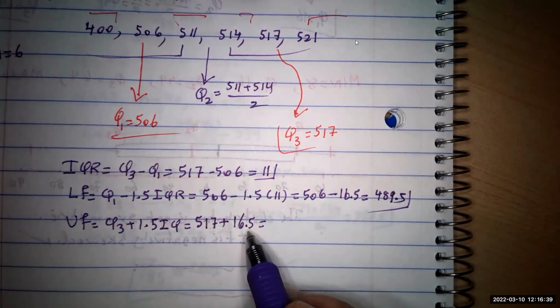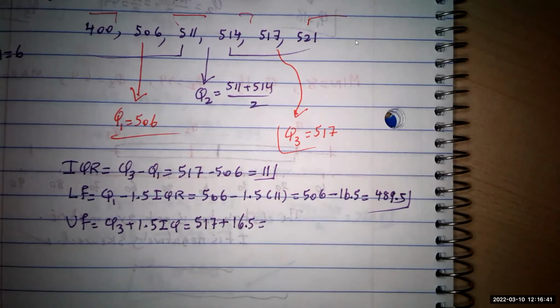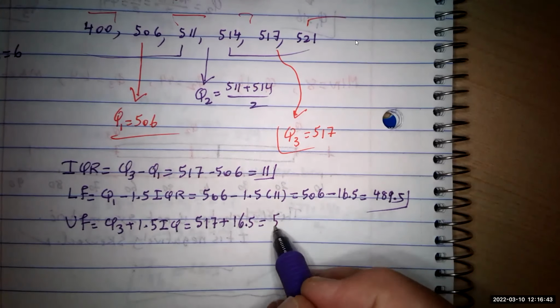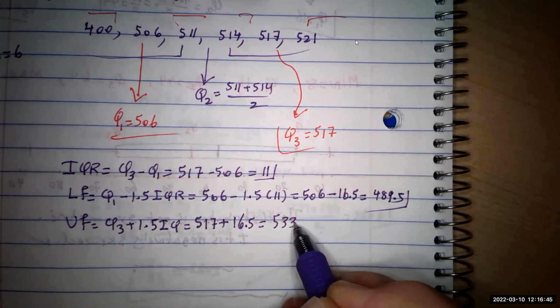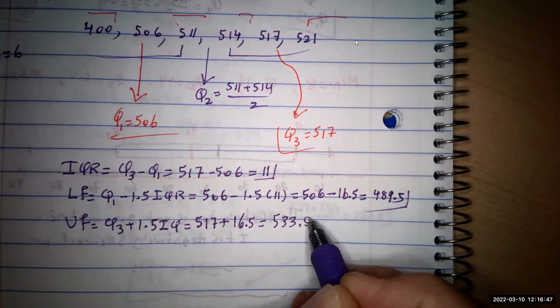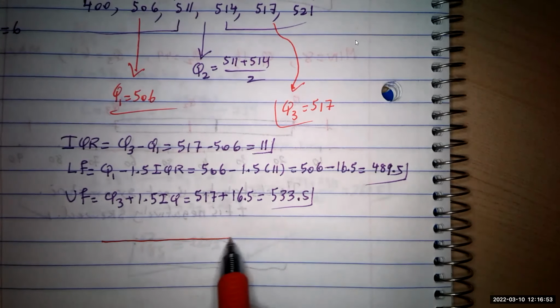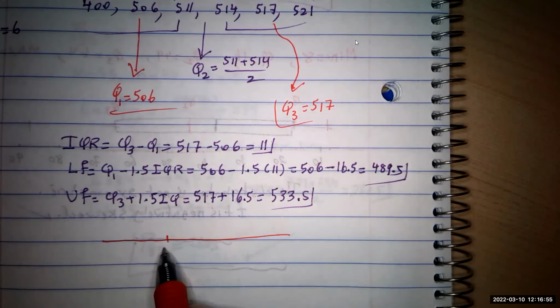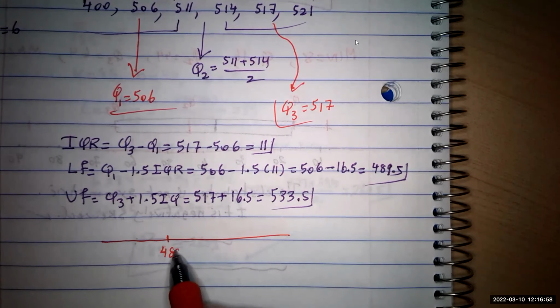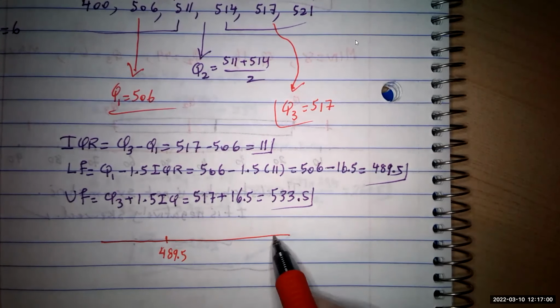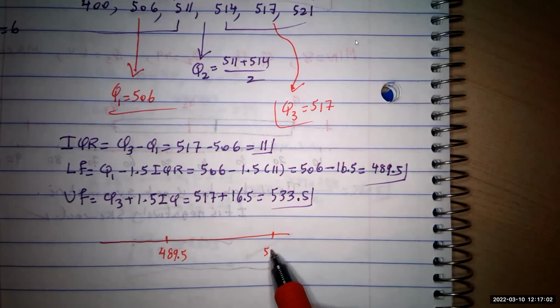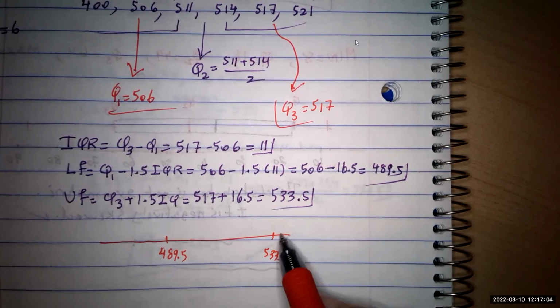For the 16.5, that gives you 533.5. That gives you the upper fence. So this is where you are. You have 489.5 and 533.5.